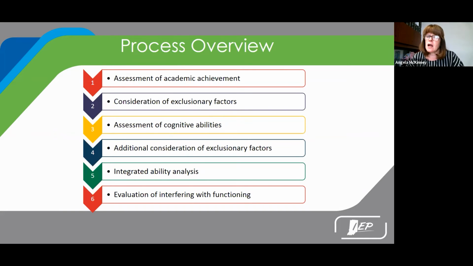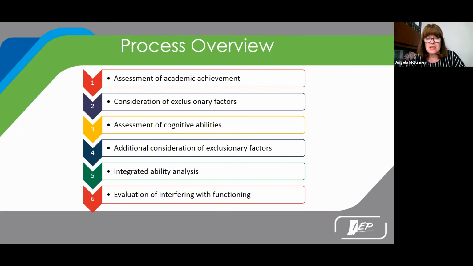All right, so I like their process for this. And the main thing that I really like is they keep pushing you back to thinking about exclusionary factors. So this, again, very much like the very first method, says start with the academic achievement, right?